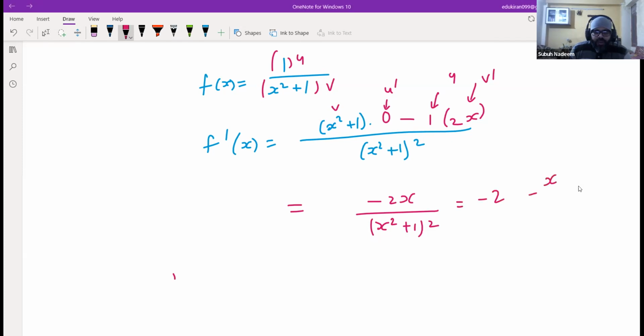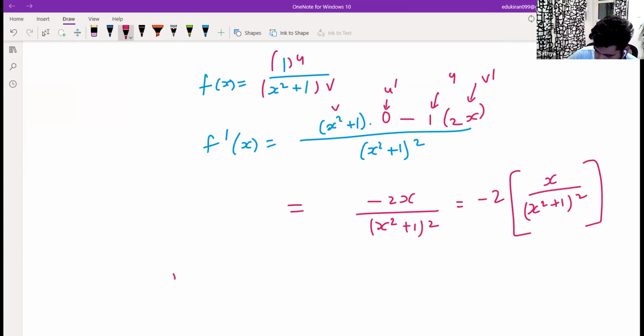Take -2 outside: x by x squared plus 1 whole square. -2 will be multiplied later.